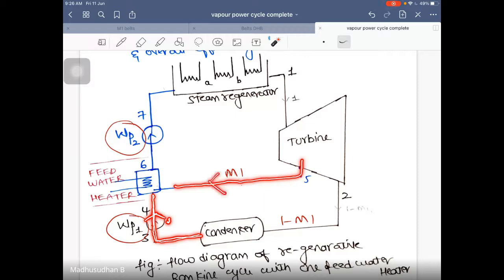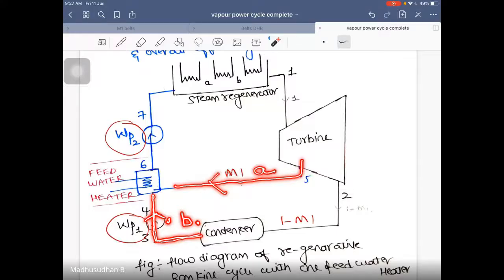Think this is fluid A, this is fluid B. Which one would be at a higher temperature? Fluid A will be at the higher temperature, correct? So this higher temperature fluid and this lower temperature fluid will mix.